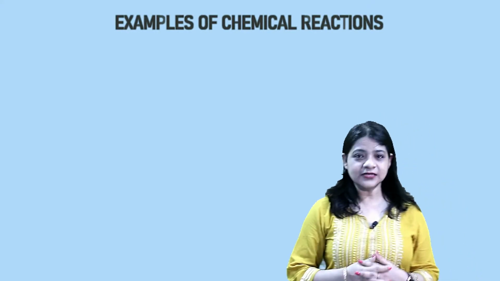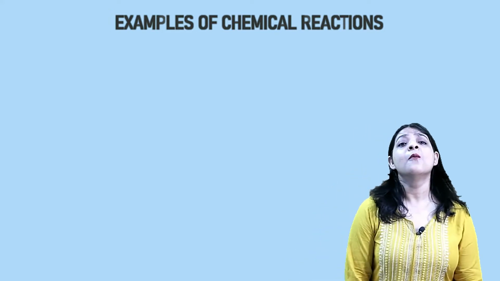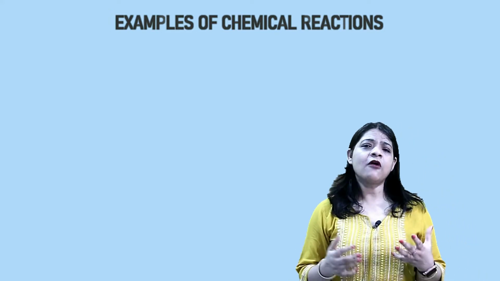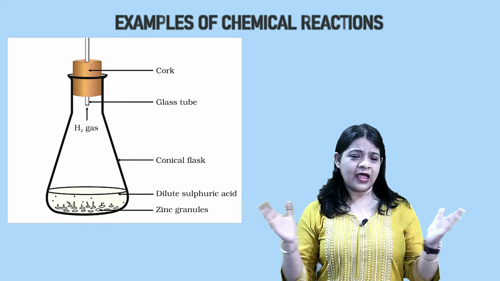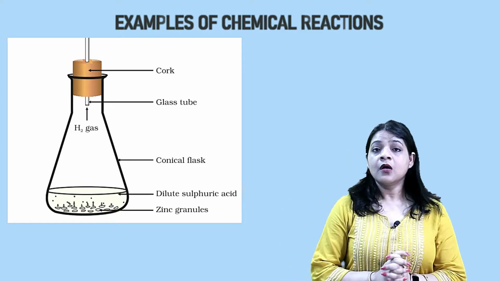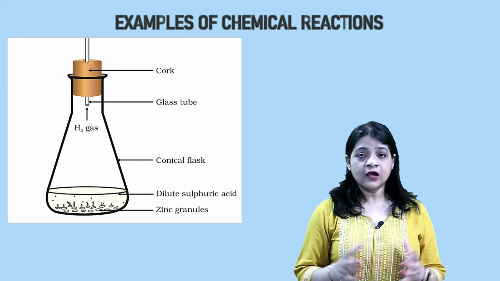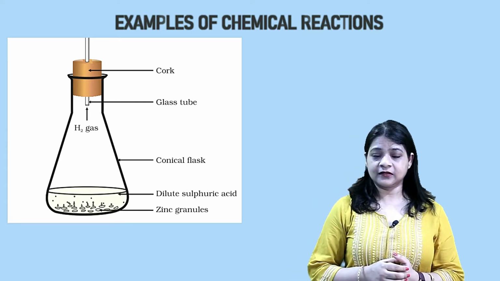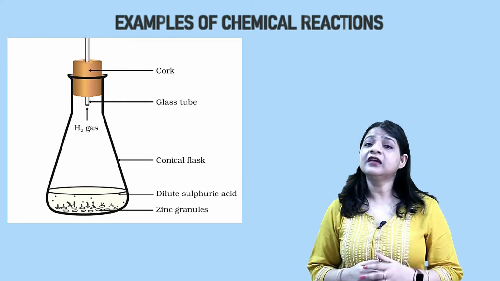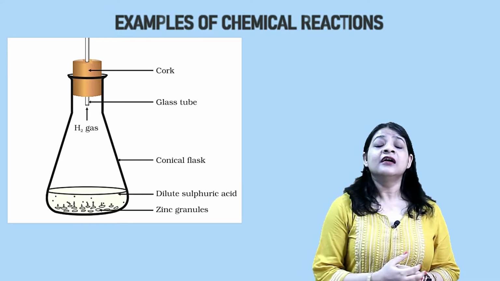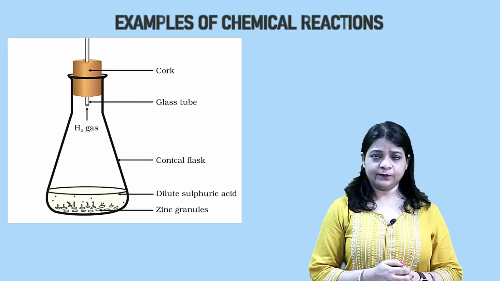Let's try to understand chemical reaction more clearly. So for this, let us take an experimental setup where we add some zinc granules to a conical flask. Now, to the zinc granules, we add dilute sulfuric acid.